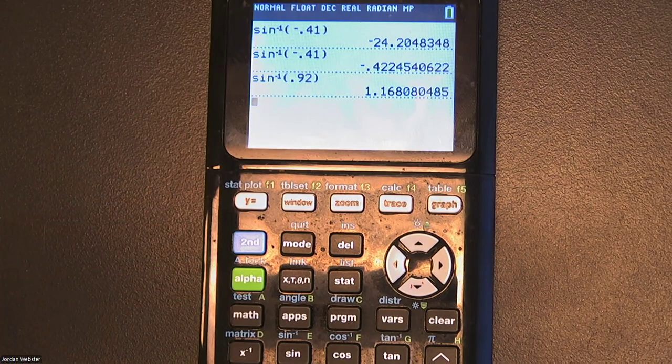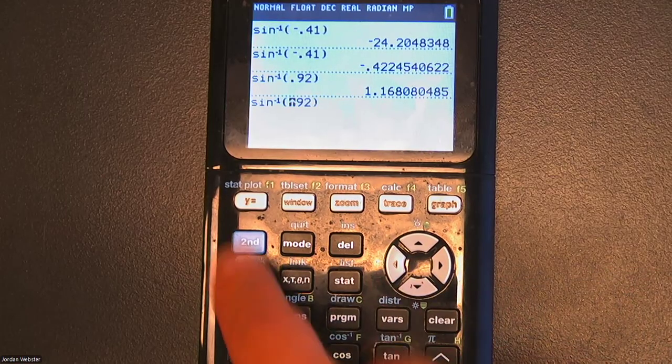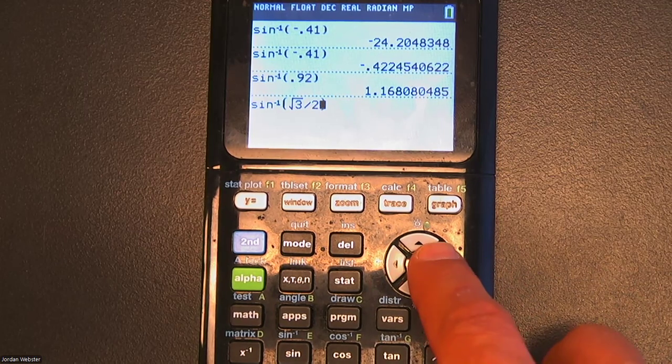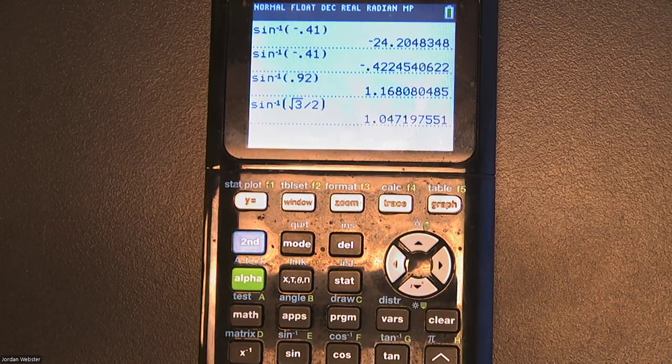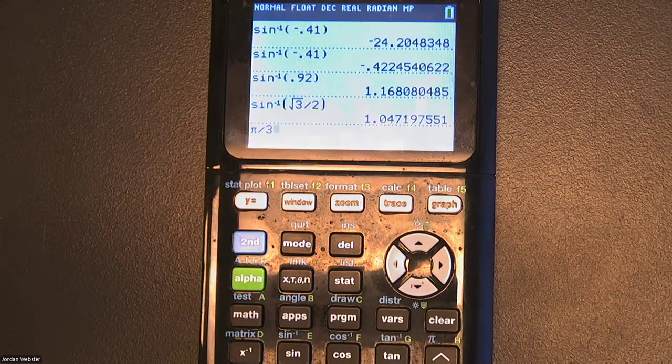By the way, we could have also done that for something that we saw earlier, like root 3 over 2. If I wanted to do arc sine of square root of 3 divided by 2, I could have just typed that in. I get a decimal version of pi over 3.